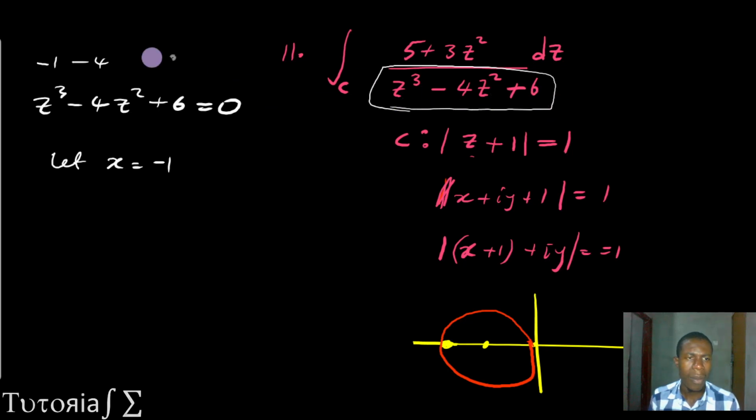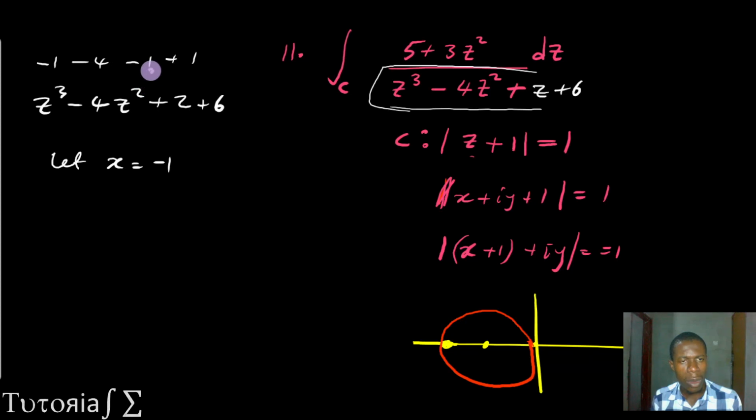I think I should have left out that plus z plus 6, plus z. Basically we put -1 there. That will be -1, 4, 6. Will it be? Yeah.